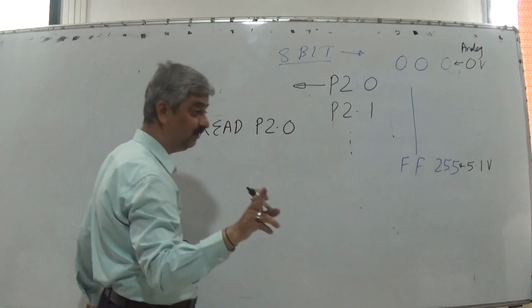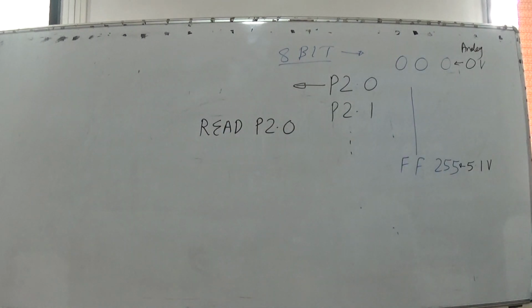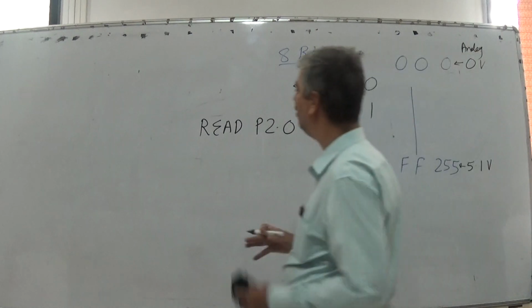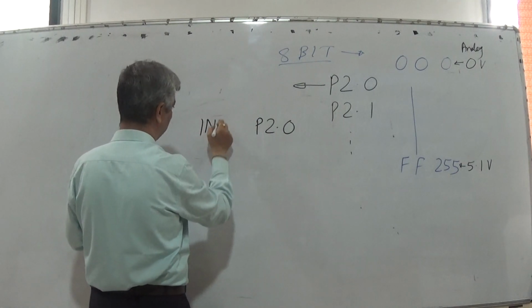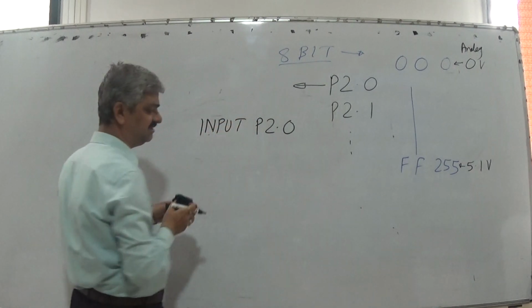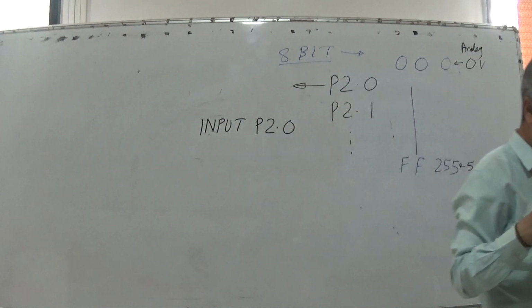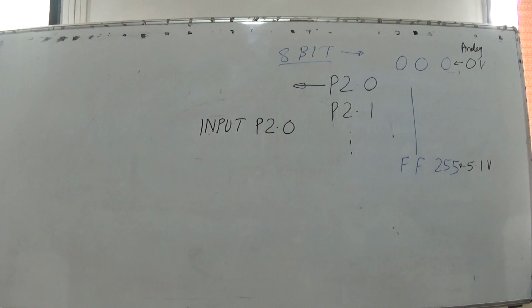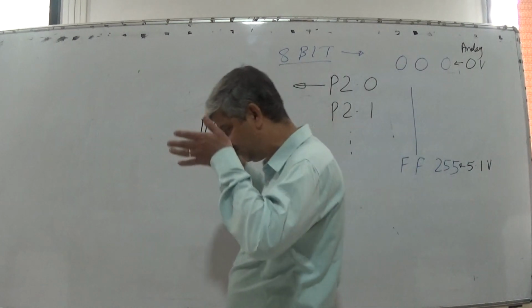Remember, listen very carefully: reading an analog input pin will give me an 8-bit value. So read, or input, is just an instruction I am giving. These are not the actual instructions. This is hypothetical, like C programming, just complete English, but it is not actually machine code.